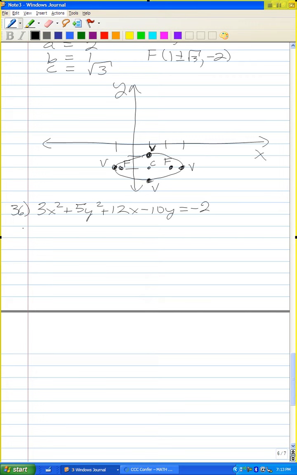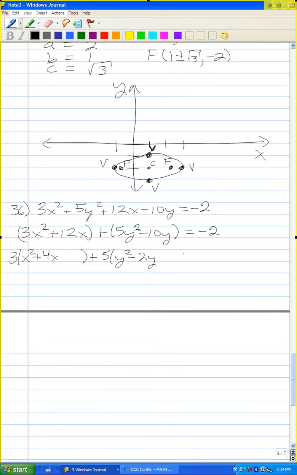So let's group the x's together. 3x squared plus 12x plus 5y squared minus 10y equals -2. Factor out the 3. 3 times x squared plus 4x. Factor out the 5. Y squared minus 2y equals -2.